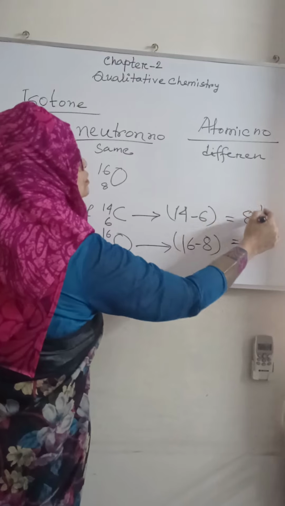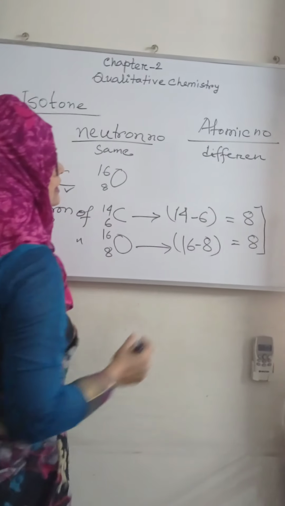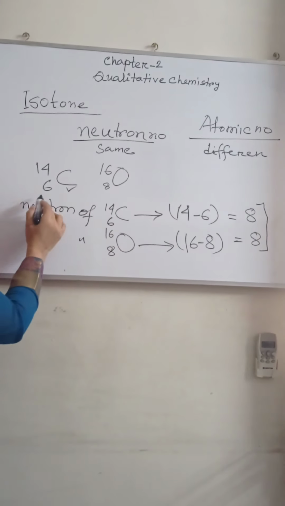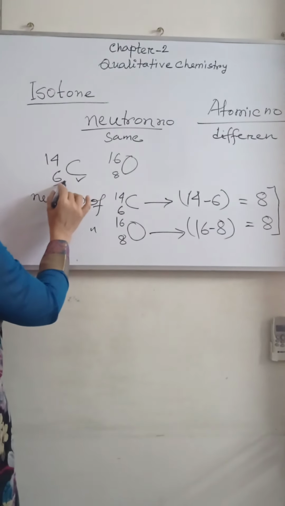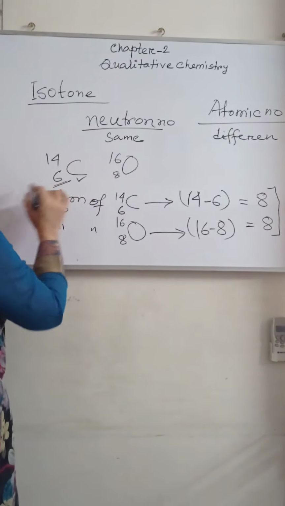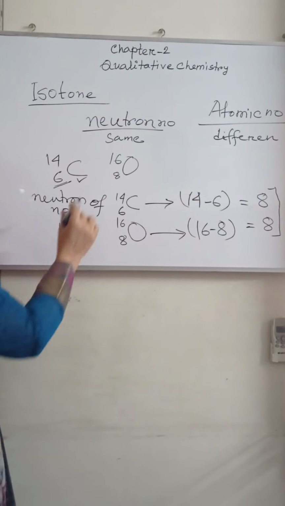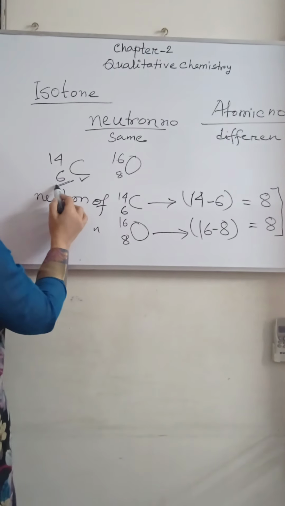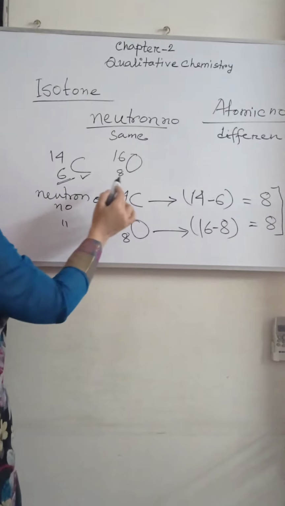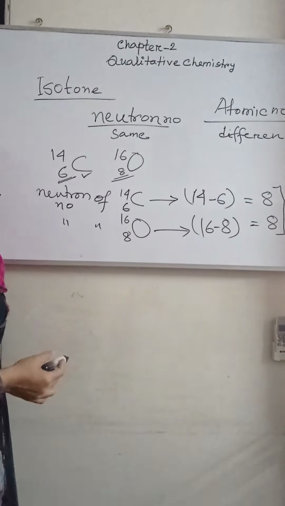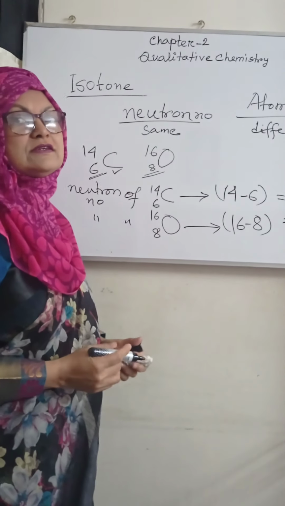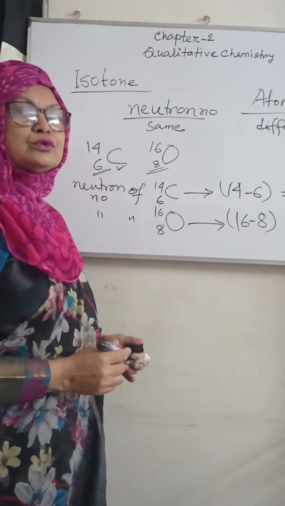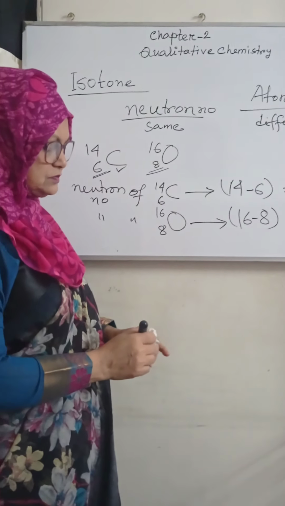So their neutron numbers are the same, but their atomic numbers differ; we can write atomic number as a subscript with the symbol. The atomic number of carbon is 6 and the atomic number of oxygen is different. So carbon-14 and oxygen-16 are isotones of each other.